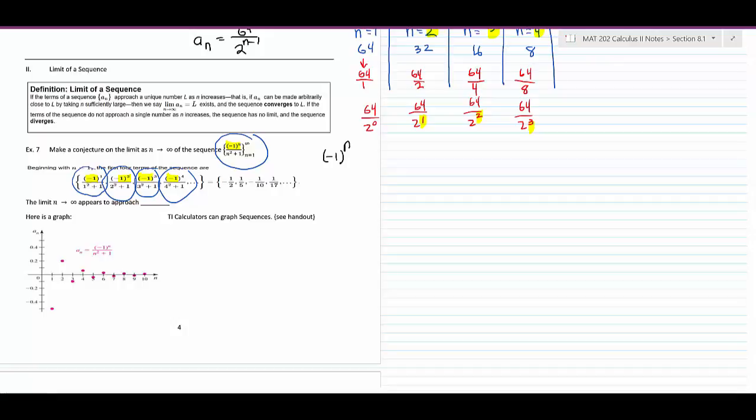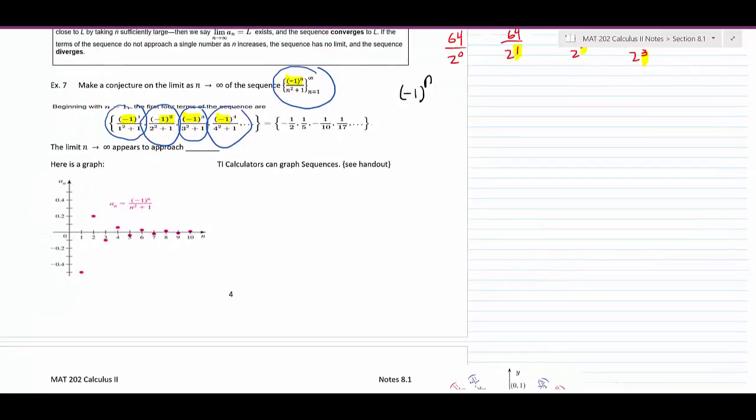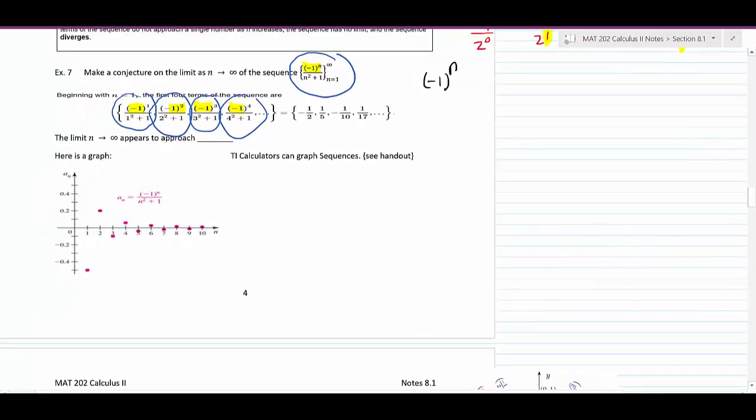All right, so if you went through and graphed the points, this is really how you do a graph of a sequence. A sequence is a function, but it's not connected, though it would still pass the vertical line test. So it's a series of distinct points. If you look at plotting those points, which is what I did, does it look like that's converging?